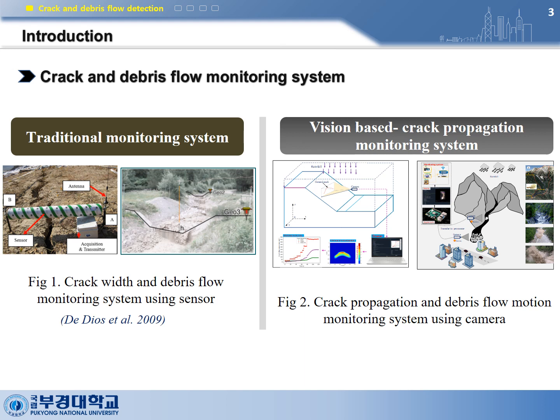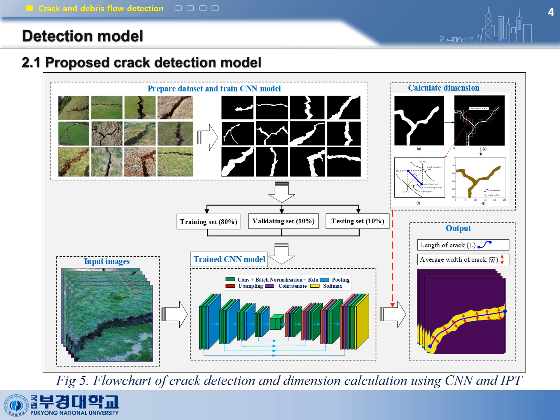So I want to propose a potential method using a camera: a detection model for crack propagation using CNN. This figure shows a flowchart of crack detection and dimension calculation using CNN and image projection technique, IPT.